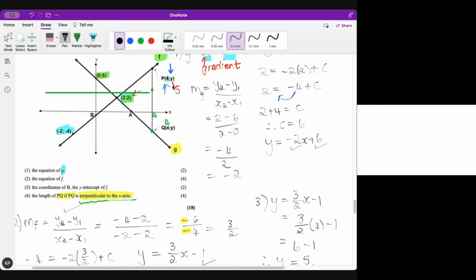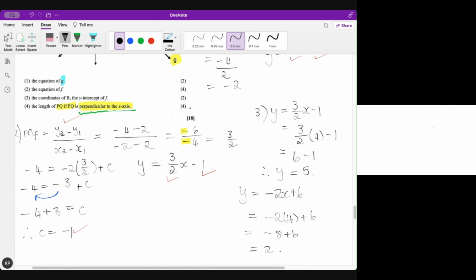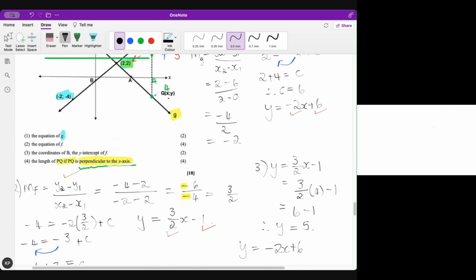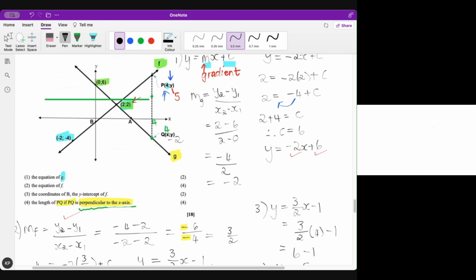If this y is 5 and this one is negative 2, what's the length of this line, guys? Think about it carefully. You're walking from 5 to negative 2. What is the length of that line? Is there anyone who wants to try?